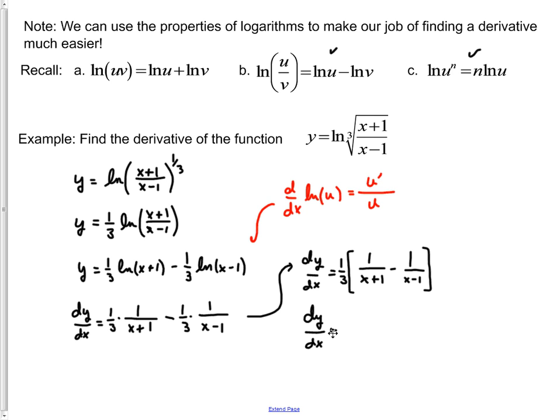So we're going to get 1/3 times the quantity, let's see, x minus 1 times 1 in the numerator minus 1 times x plus 1 divided by x minus 1 times x plus 1, or x plus 1 times x minus 1 if you're looking at this particular order here.